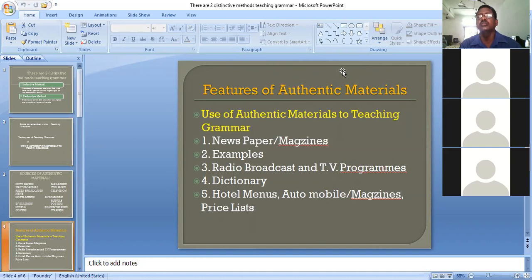Crossword puzzles we can do in the newspaper, and see advertisements, find the new words and difficult words in the advertisements, thoughts for the day, and letters to the editor. Make them read letters to the editor, and riddles and cartoons in the newspapers.